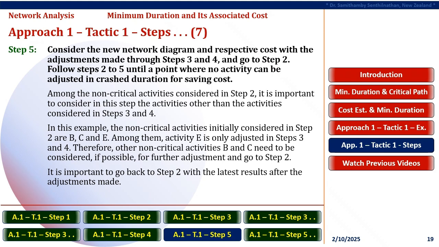In this example, the non-critical activities initially considered in Step 2 are B, C, and E. Among them, activity E is the only one adjusted in Steps 3 and 4. Therefore, other non-critical activities B and C need to be considered, if possible, for further adjustment, and go to Step 2. It is important to go back to Step 2 with the latest results after the adjustments made.